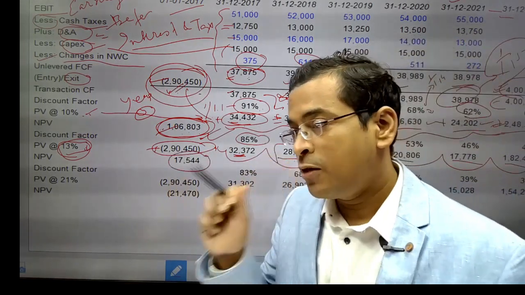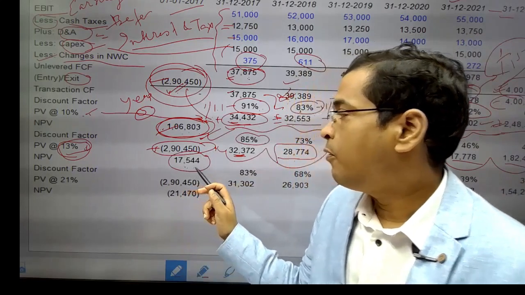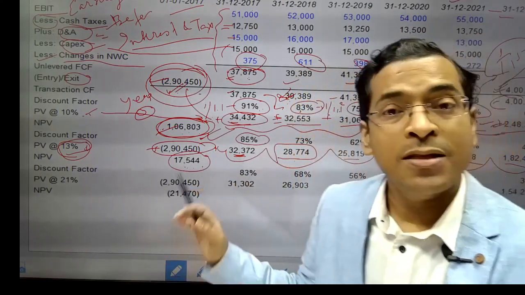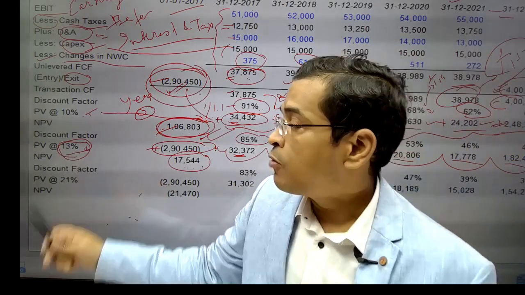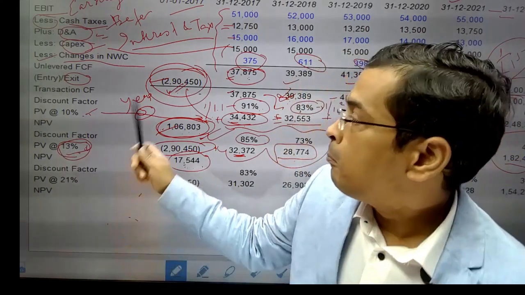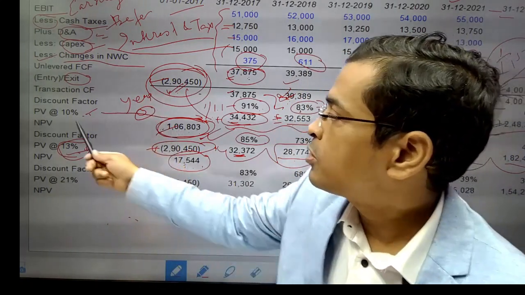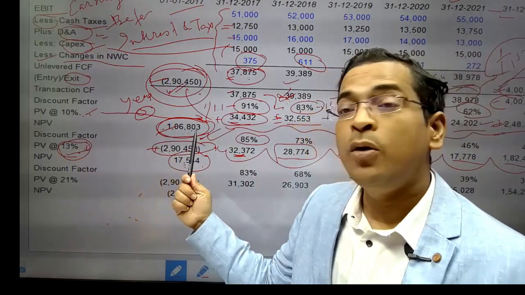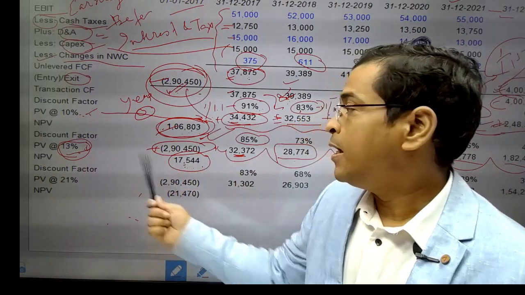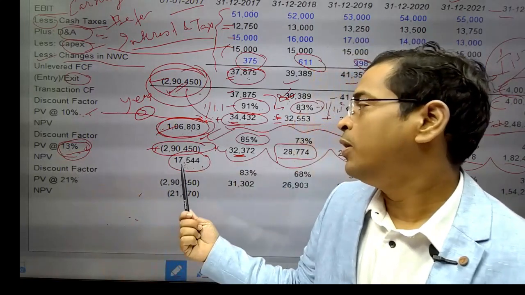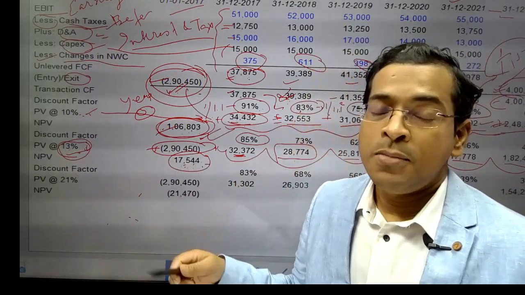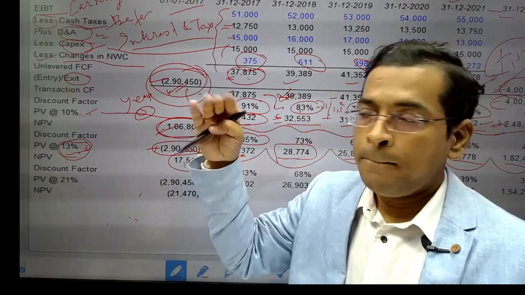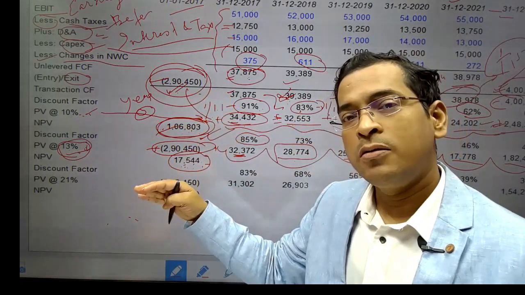Still, it is a positive cash flow. It is 17,544. That means we are still making money. Even if we apply a 13% discount rate, we are still making money, but way smaller than when it was 10%. At 10%, we are making 106,803 total cash. But at the rate of 13%, it is only 17,544. It means when the interest rate is going up, the net present value is getting lower.